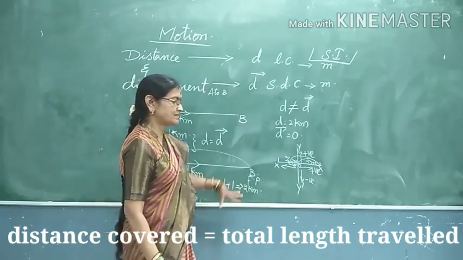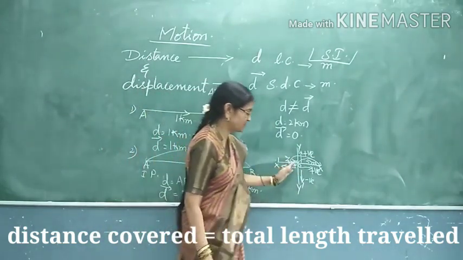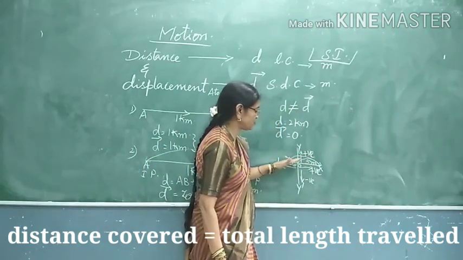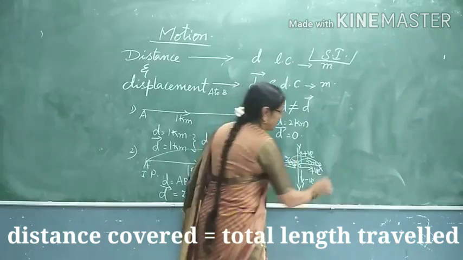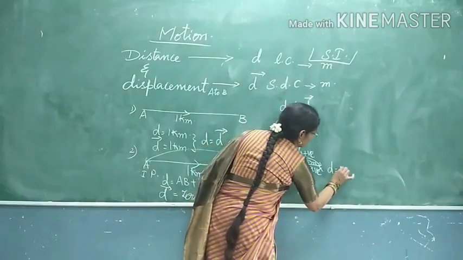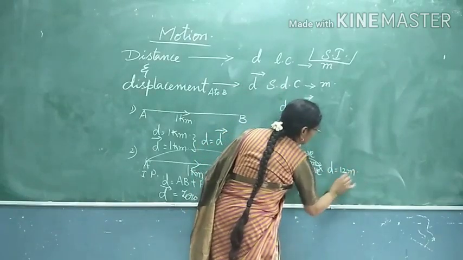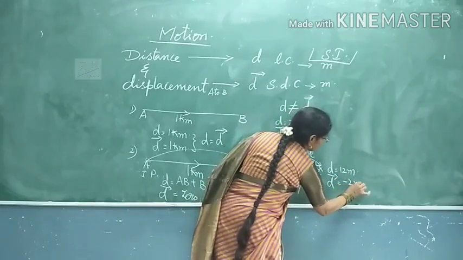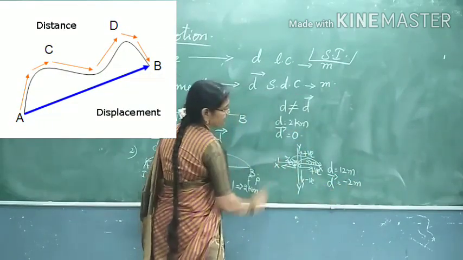Now, what is the distance covered? First 5 meters, coming back to the origin 5 meters, plus 2 meters. Totally, distance covered is equal to 12 meters, whereas displacement is equal to minus 2 meters because it is negative.